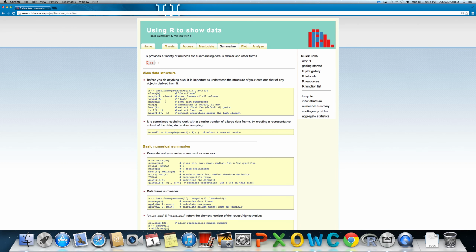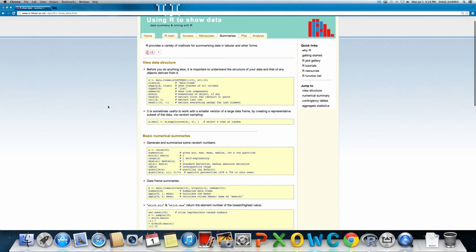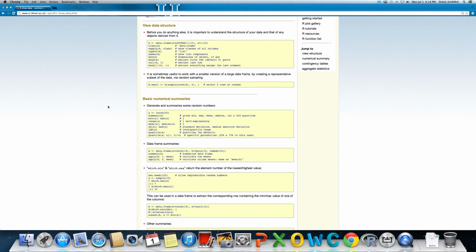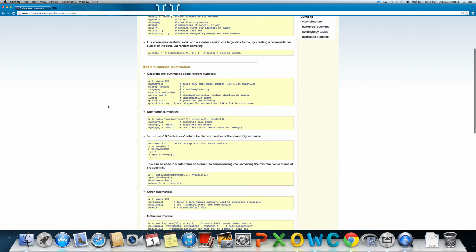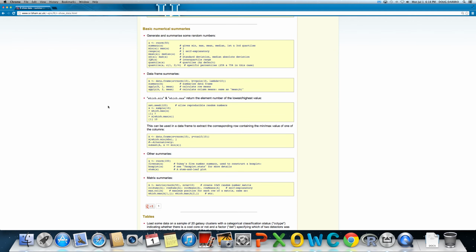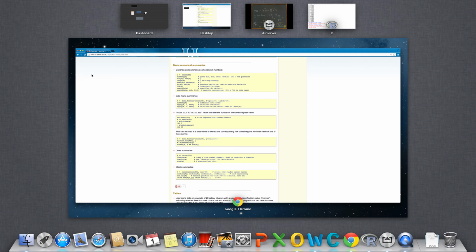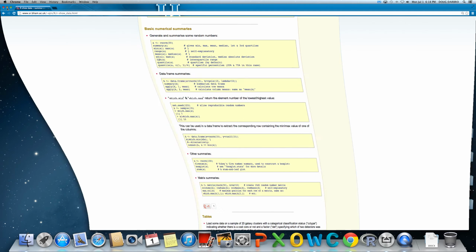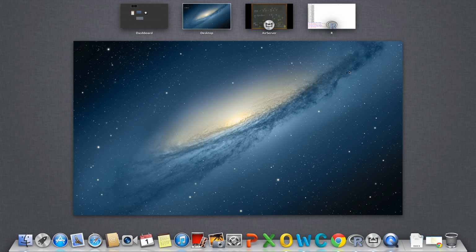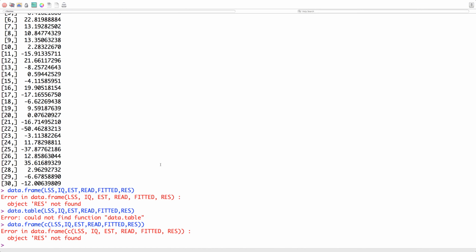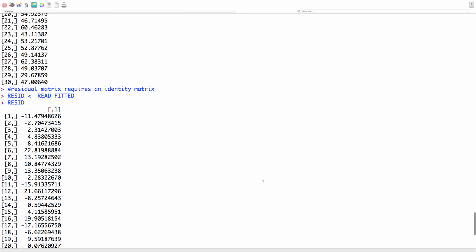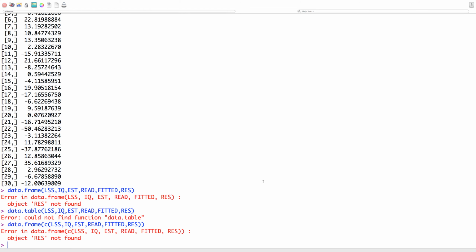Okay, data frame. I guess I've used this, and I don't know how many previous. Oh, dagnabbit.